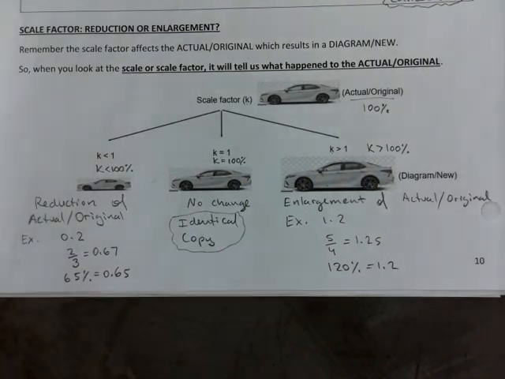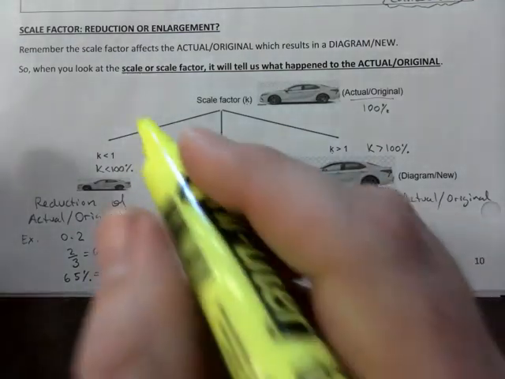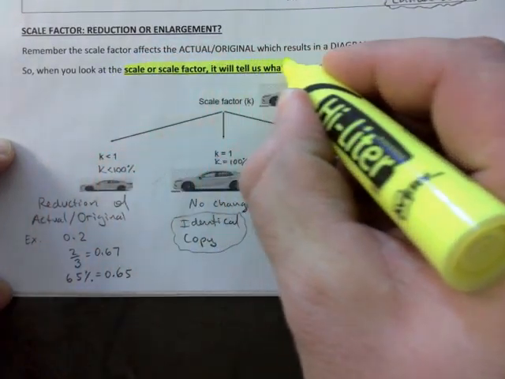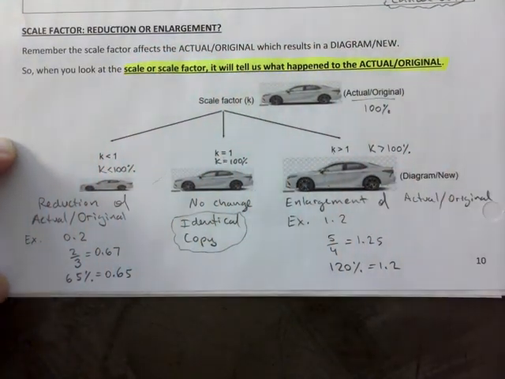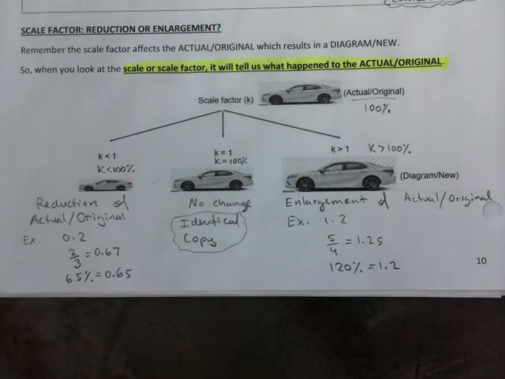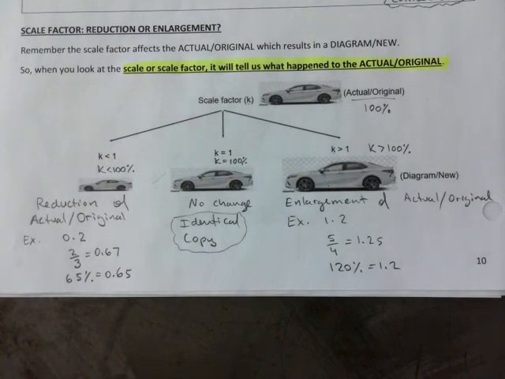I will highlight this one more time. The scale factor will tell us what happened to the original or the actual. So it's always telling you what happened from the original to what I have now, right? It could be a diagram or a copy of it.